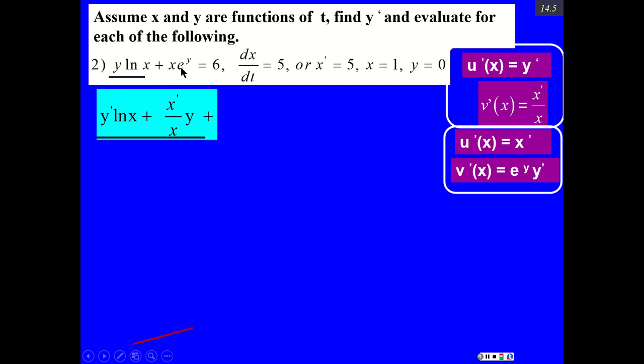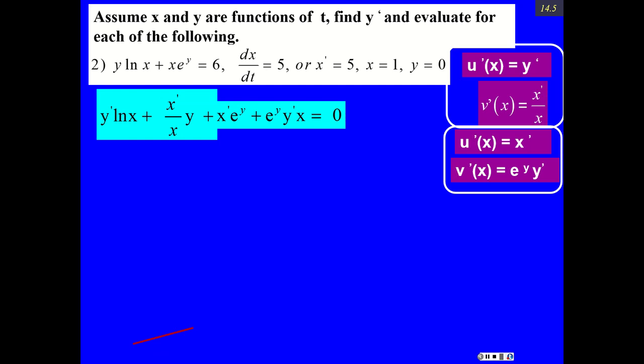Now, my second term. Derivative of x is going to be x prime times my second carbon copy, plus derivative of e to the exponent y is going to be e to the exponent y times y prime, then times my first, which is x. Derivative of a constant 6 is going to be 0.